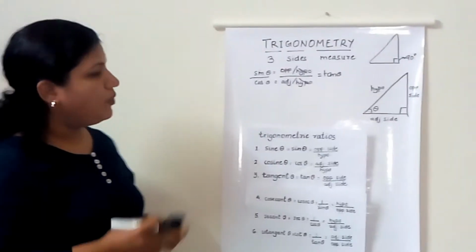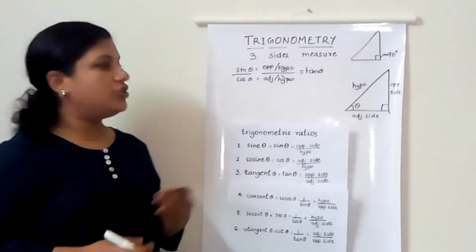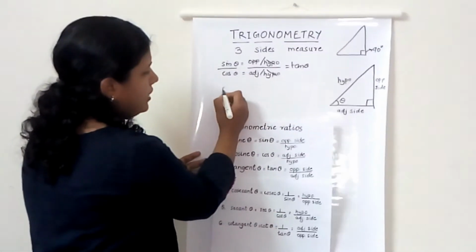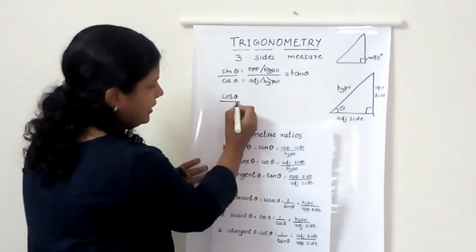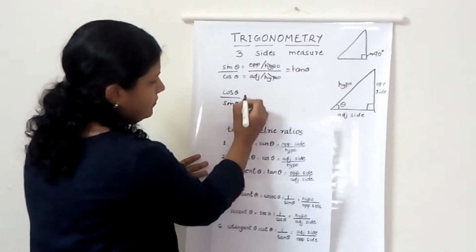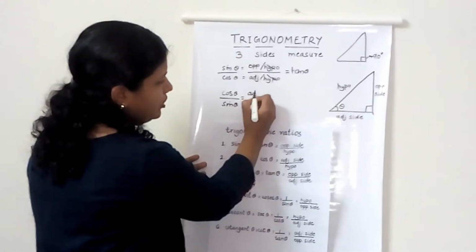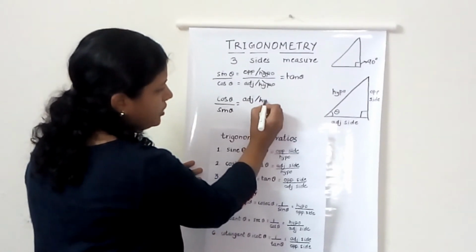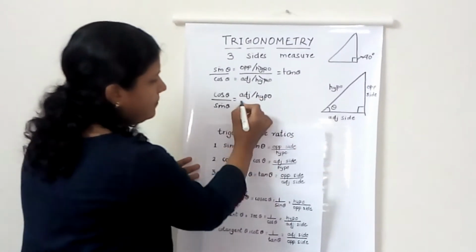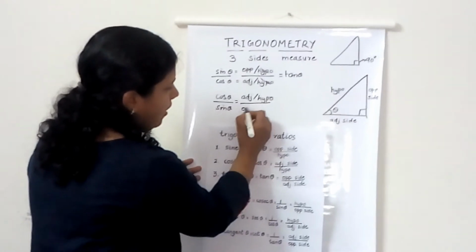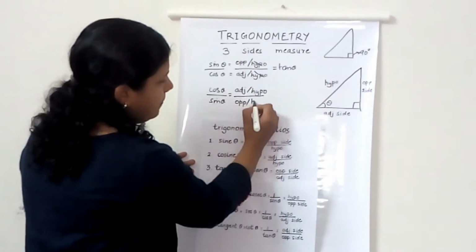Now you could also think, how about just doing the reverse? How about dividing cos theta by sine theta? So we will have then the adjacent side by hypotenuse on the numerator, and we will have the opposite side by hypotenuse in the denominator.